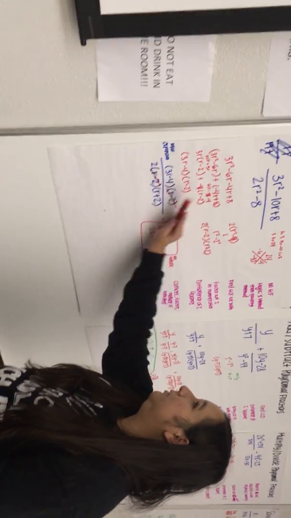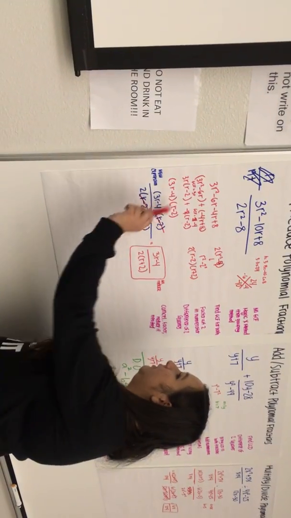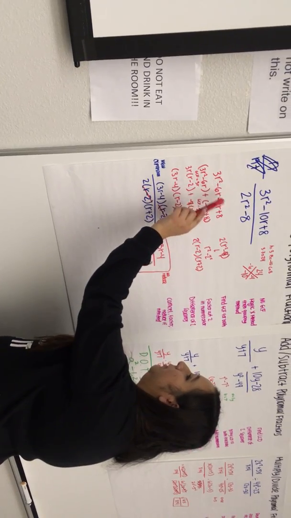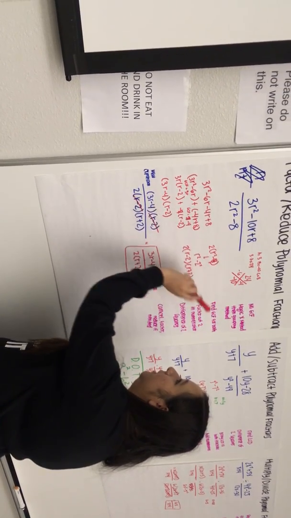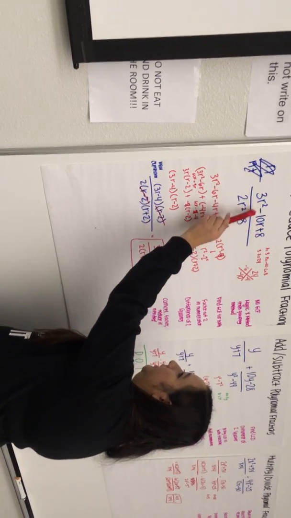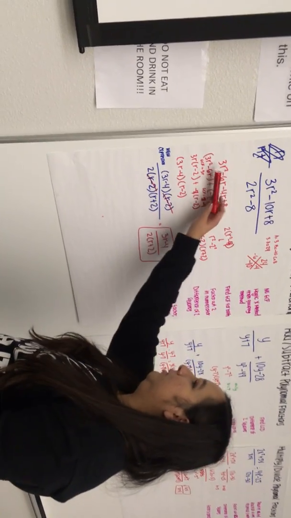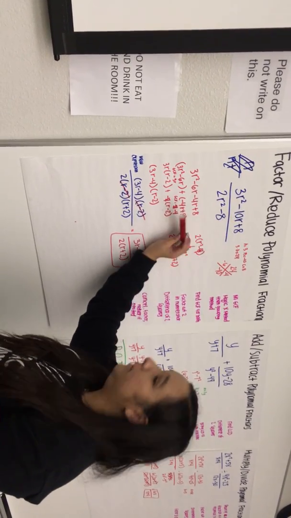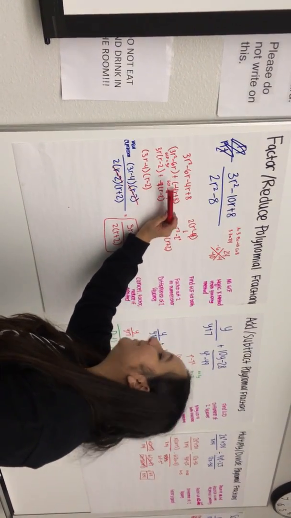Then you want to group that. So you're going to take 3r squared minus 6r and minus 4r plus 8. You don't put the negative 10 because you're grouping. But negative 6 and negative 4 is a negative 10. Oh, that's why it works.